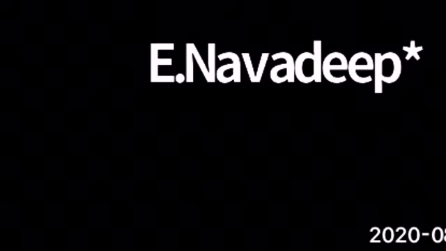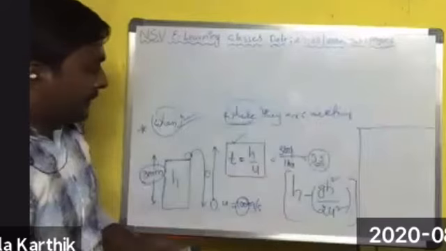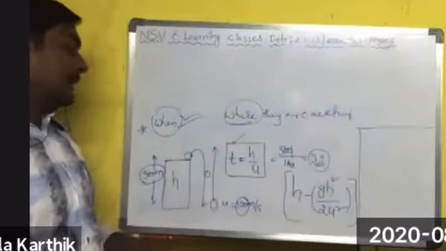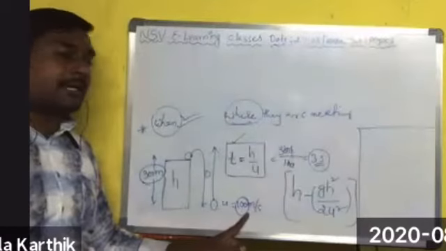At 300 meters, one stone was released, and from the ground one stone was thrown in the upward direction with initial velocity u equal to 100 meters per second.